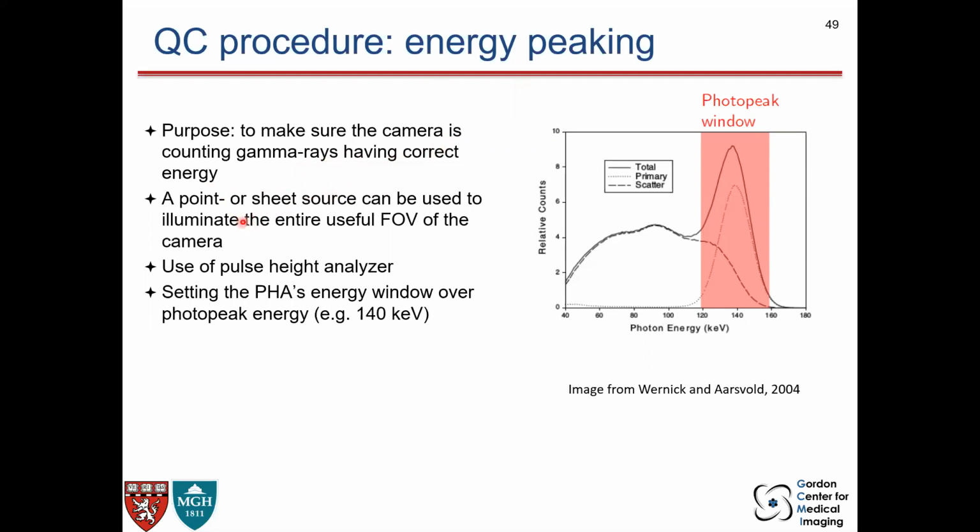And typically what is done is a point or sheet source is used to illuminate the entire useful field of view. Then you have to use a pulse height analyzer, and typically what is used is about 10% right side, 10% left side, overall 20% around the photo peak location.